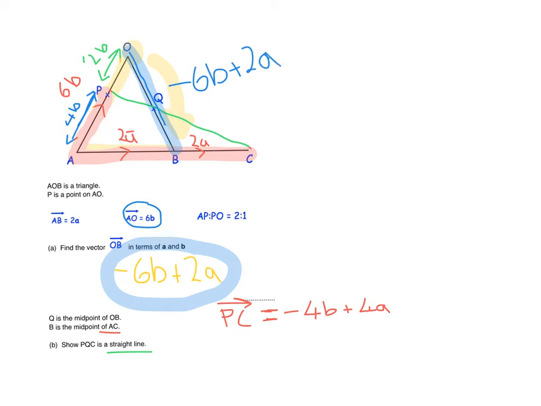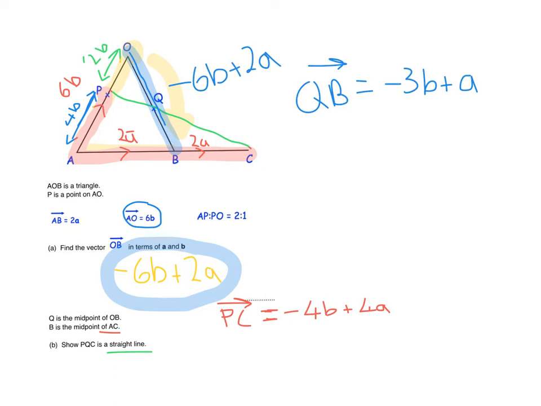Which means that QB, as Q is the midpoint, must be half of that. So QB must be minus 3b plus a.